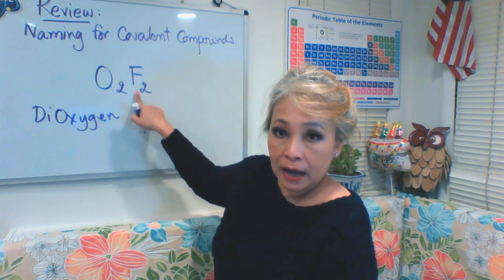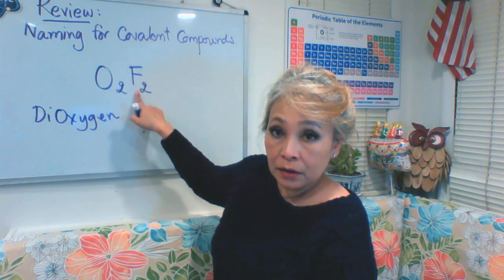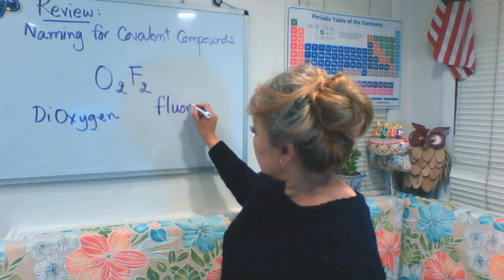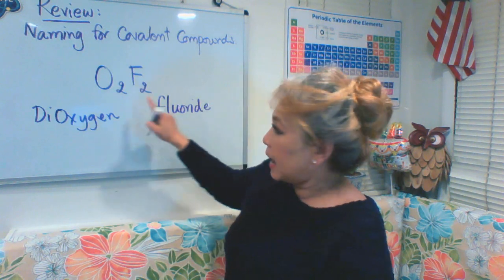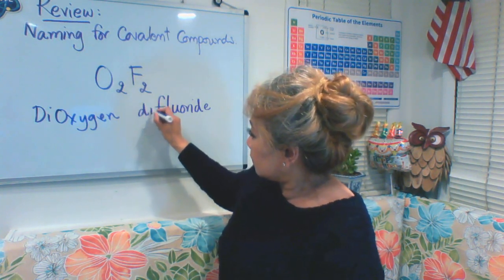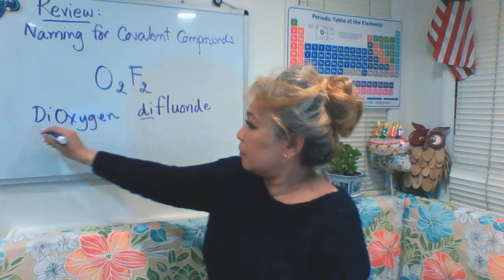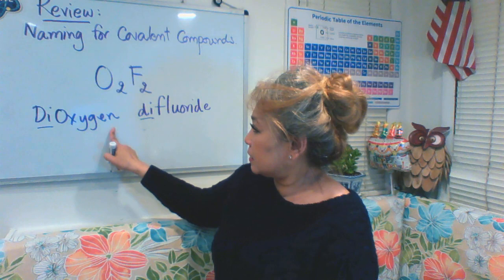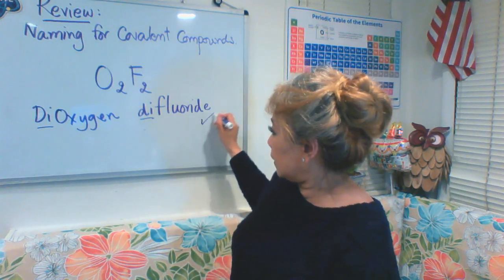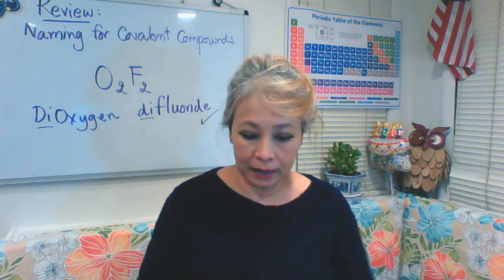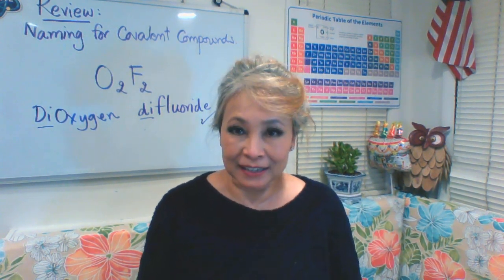Second one, ending with ide. F is fluoride. How many atoms of fluoride? 2. Di. The name of O2F2 is dioxygen difluoride.